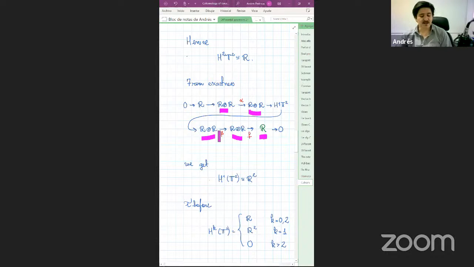And on yesterday's computation for the cohomology of the sphere, we had many zeros. Basically, everything was zero. So that's why yesterday's computation was more straightforward. In this one, you see that it is a little bit more involved.